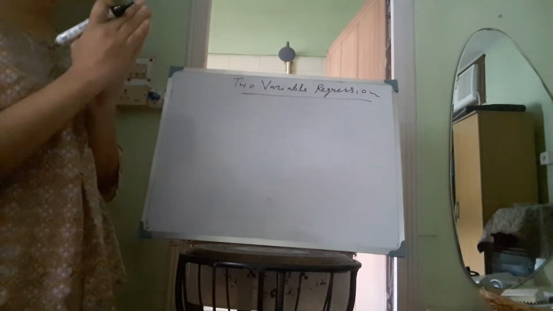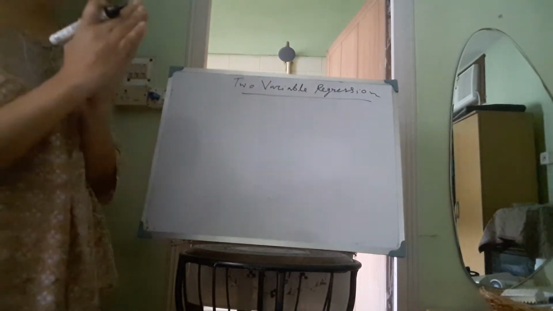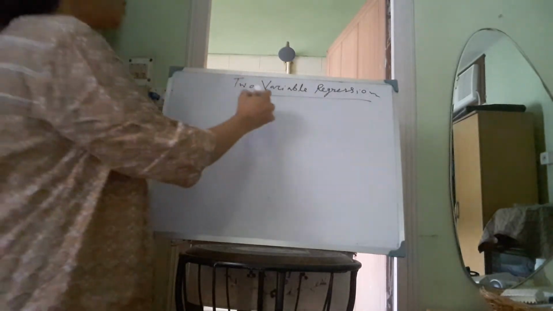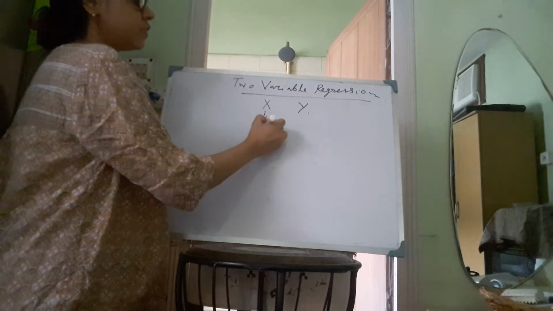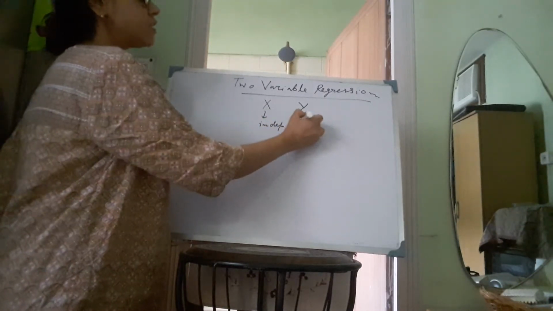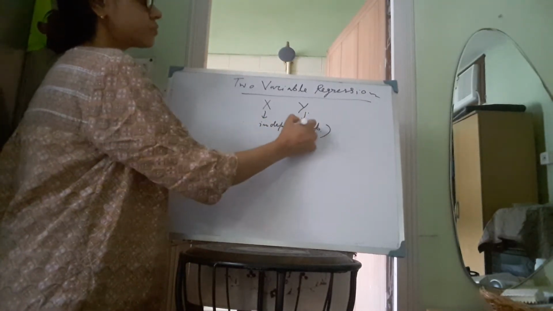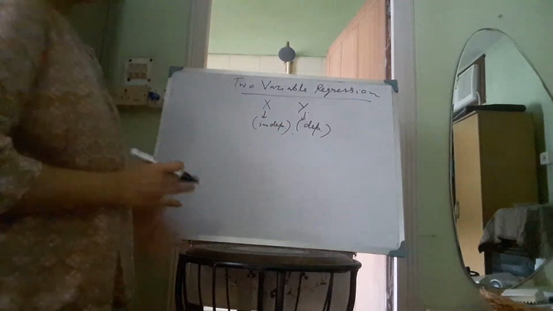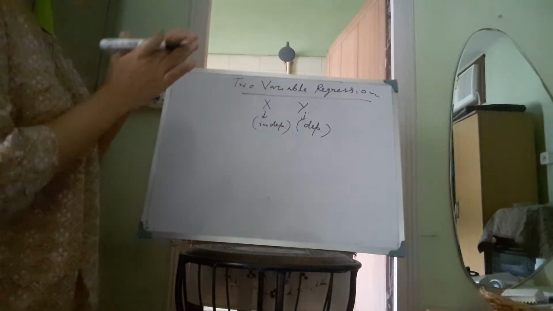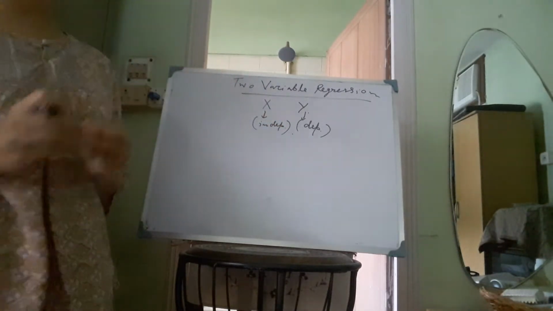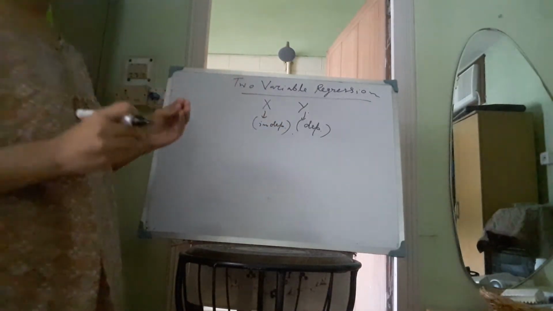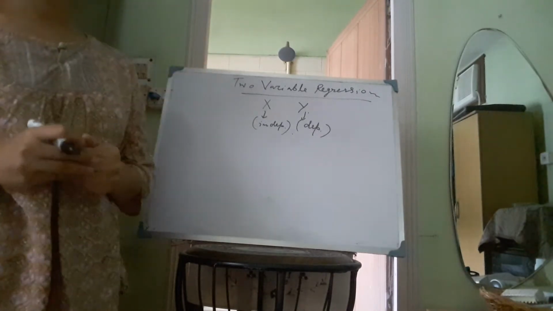So if we start with the 2 variable regression, we have 2 variables x and y. So x is our independent variable and y is our dependent variable. Now you want to predict that this independent variable x has some effect on the dependent variable y, and that is why you need to use the 2 variable regression.